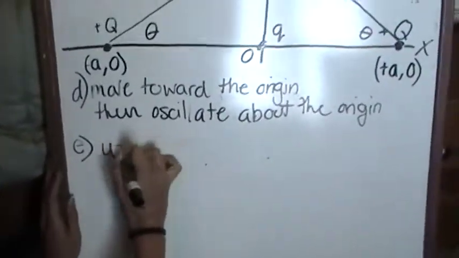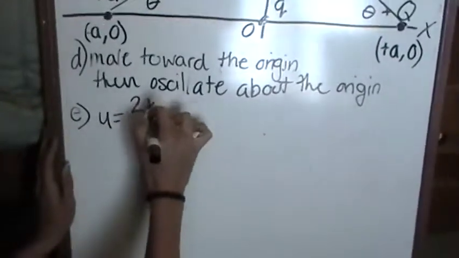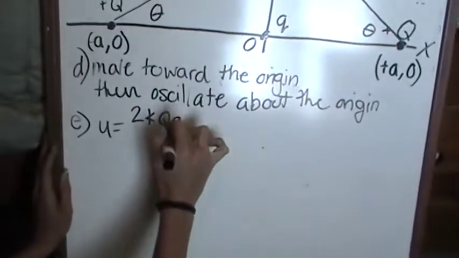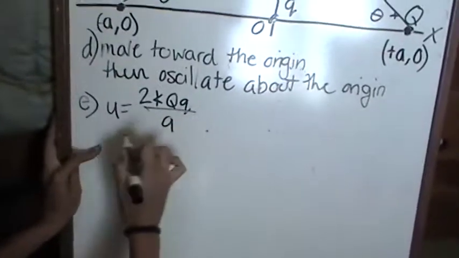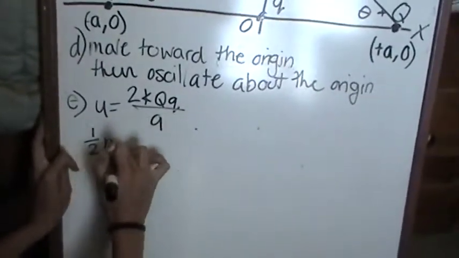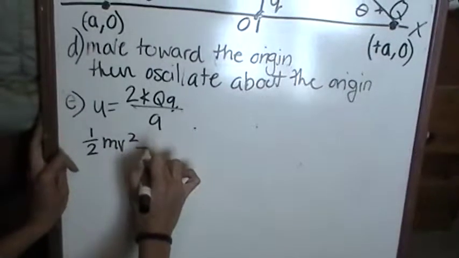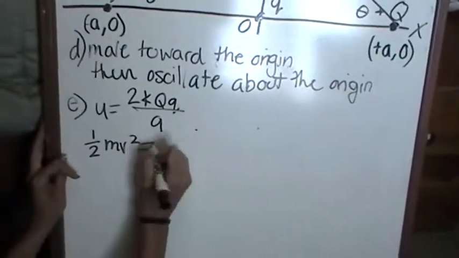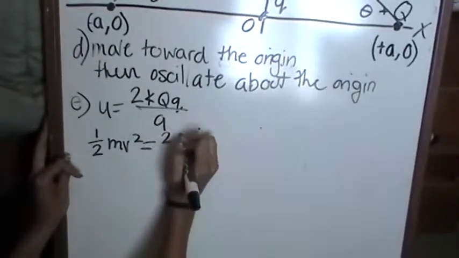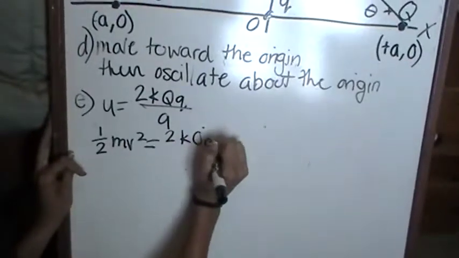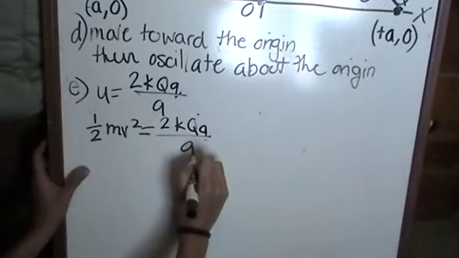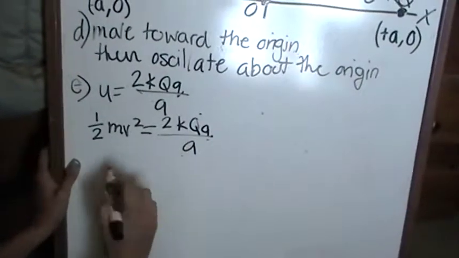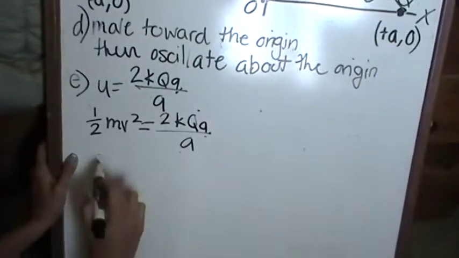So U equals 2kq over A, and then 1/2 mv squared equals 2kq over A, and then you have v after you divide by m and multiply by 2.